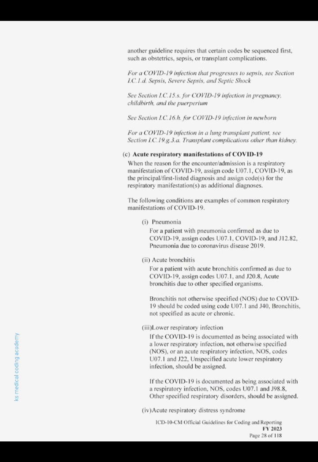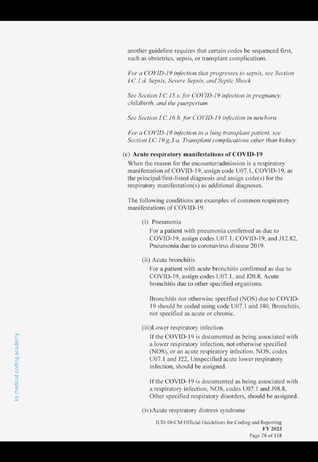See section I.C.15.s, for COVID-19 infection in pregnancy, childbirth, and the puerperium. See section I.C.16.h, for COVID-19 infection in newborn. For a COVID-19 infection in a lung transplant patient, see section I.C.19.g.3.a, transplant complications other than kidney.